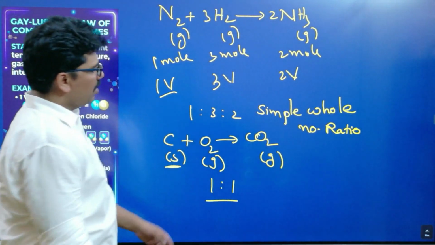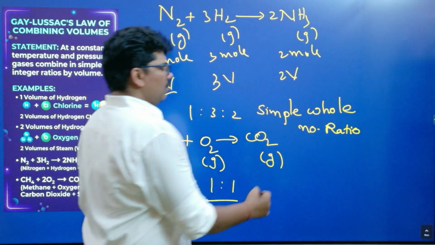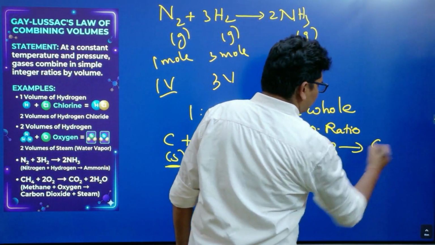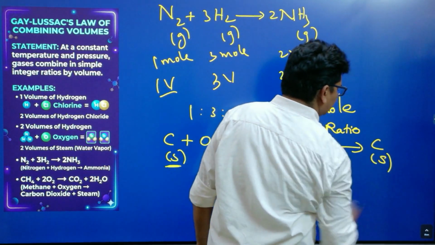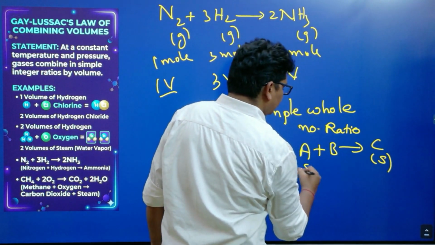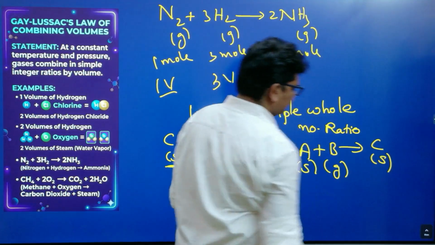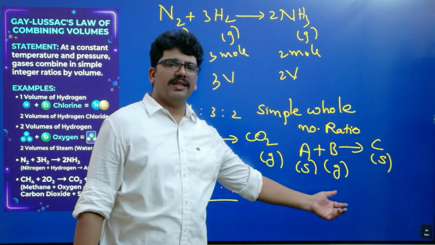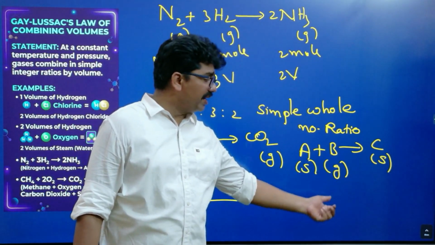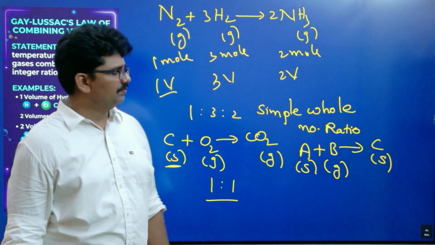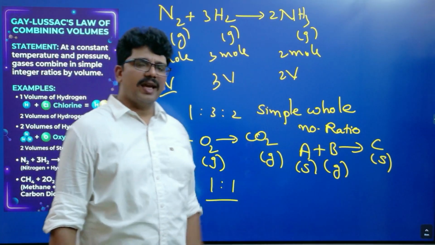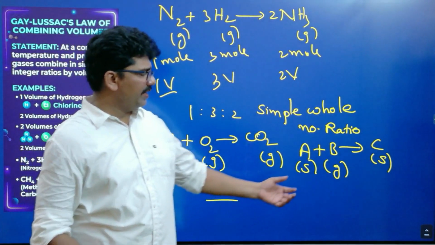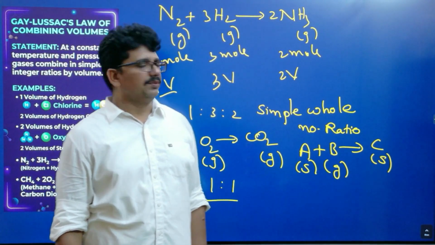In a hypothetical reaction A plus B gives rise to C, where C and A are solid and B is a gas, only one gas is there. Here Gay-Lussac's law of combining volumes is not applicable, because at least two gases, reactants or products, must be there to apply the law.